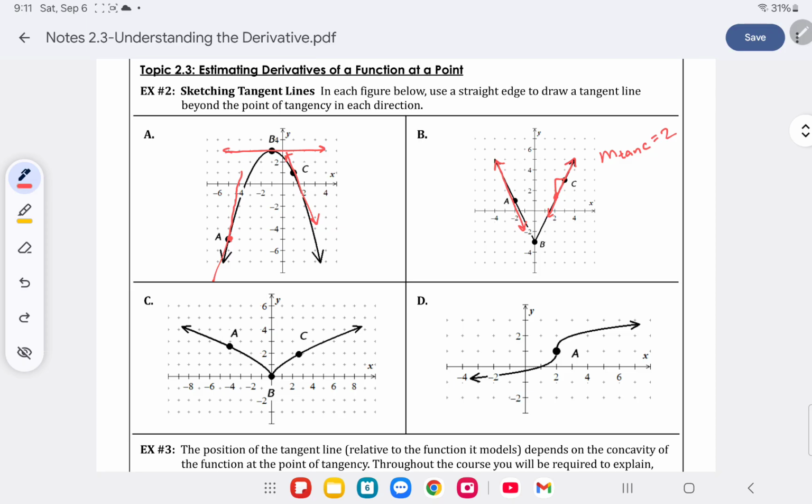Now, at point B, we cannot draw a tangent line here. Remember, the whole point of tangent lines is that it's modeling what the slope is doing at a particular point. And to the left of point B, there's a very clear slope of negative 2. And to the right of point B, there's a very clear slope of 2.